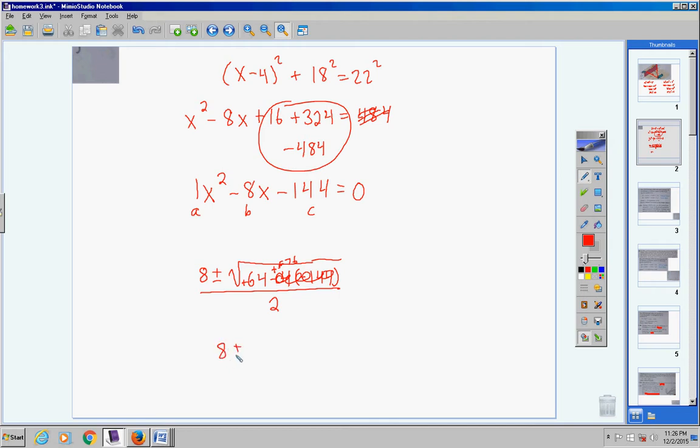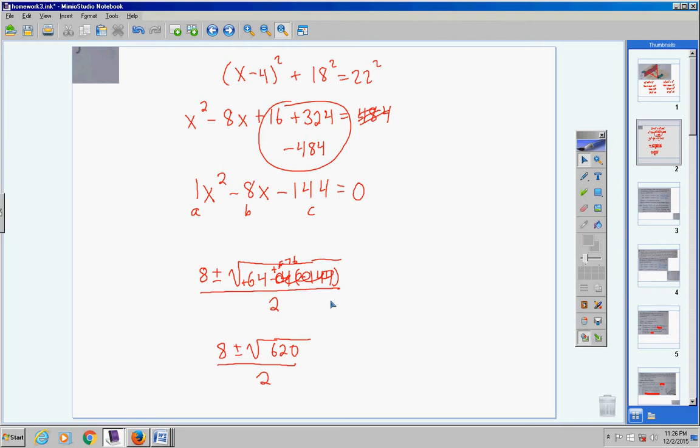So 8 plus or minus the square root of 620 all over 2. Now normally we would not work with decimals, but in this problem we are dealing with a word problem, which we have to get an exact number for. So the square root of 620 is 24.899.